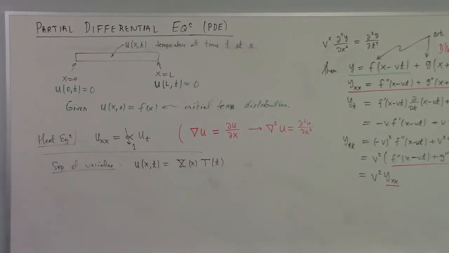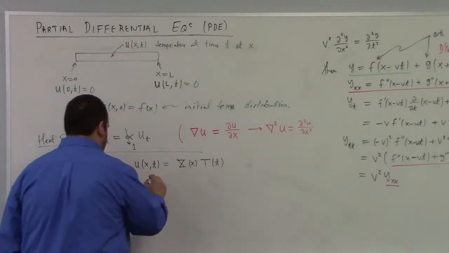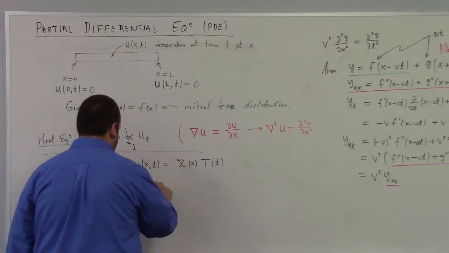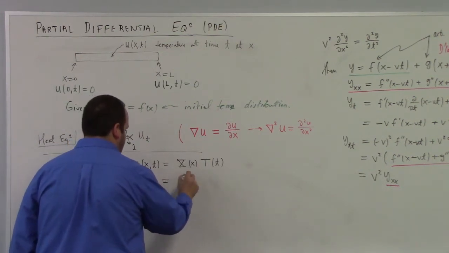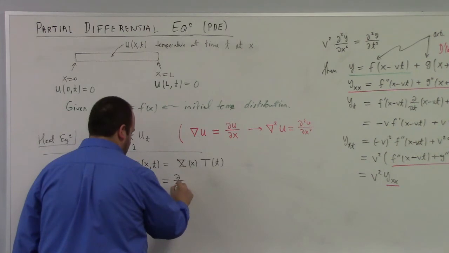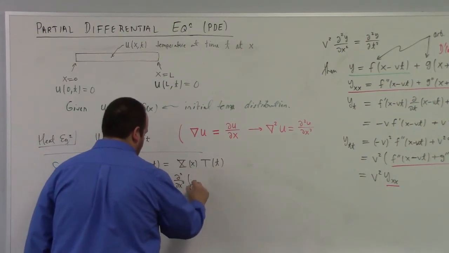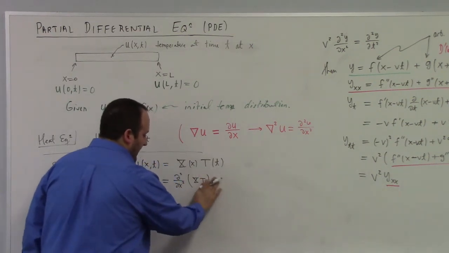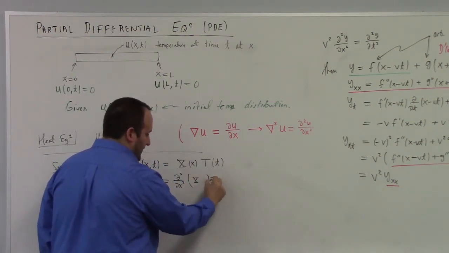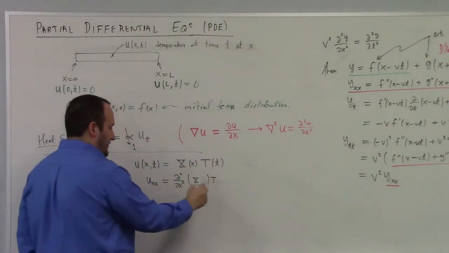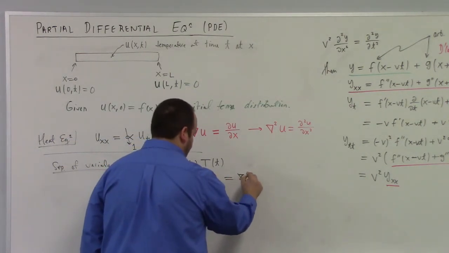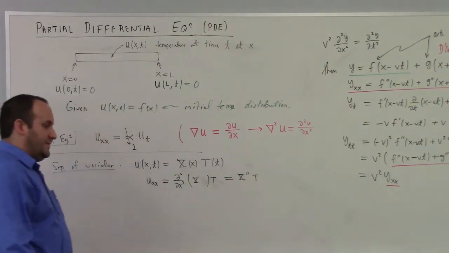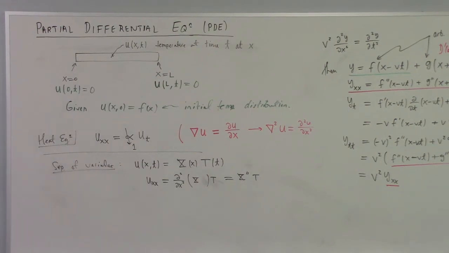So we want to solve u_xx, which is what? That's a derivative with respect to x twice of X times T. But you can pull the T out because T has no x dependence. And so this is really just X double prime times T, where we understand that primes on X mean x derivatives.